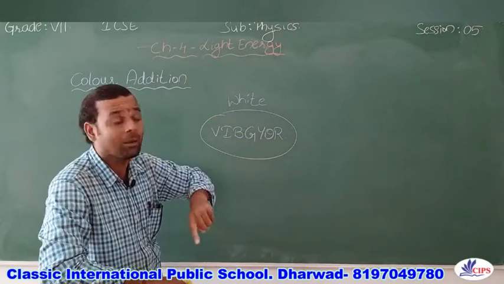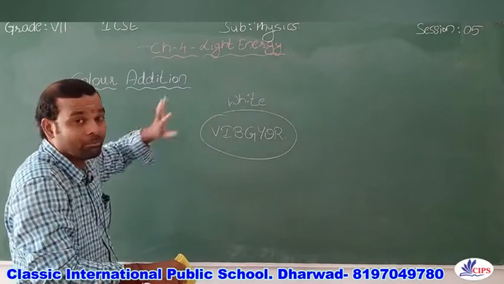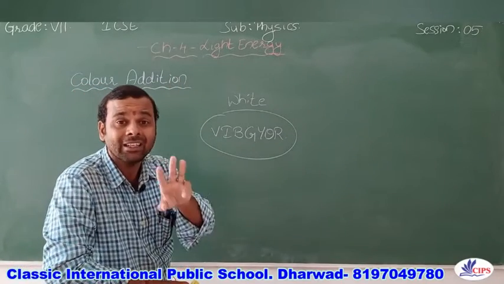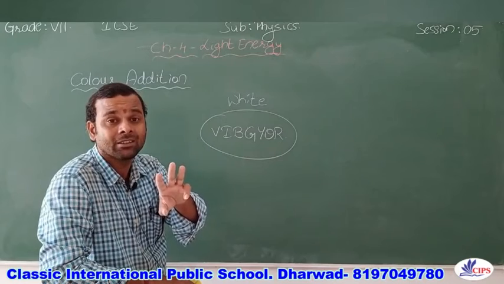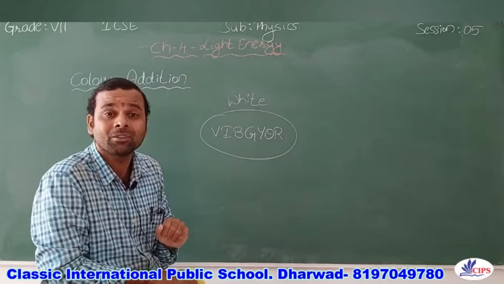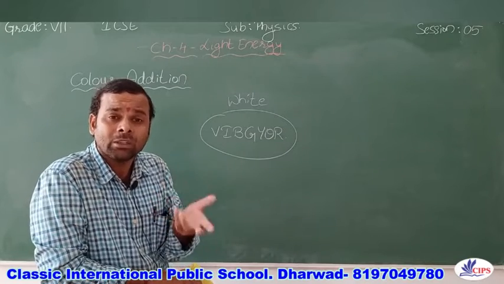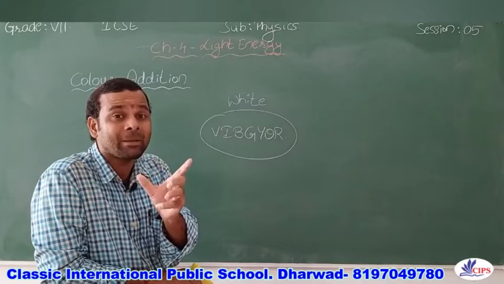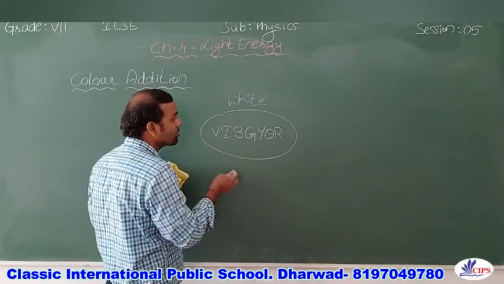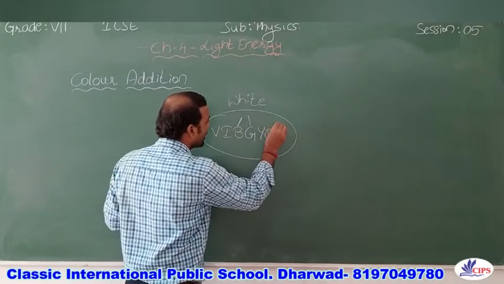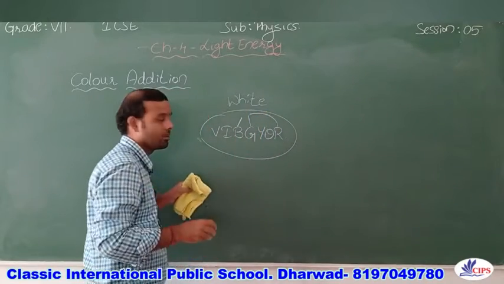Primary colors means any 3 colors combined together that produce the white light. Only 3 different colors, but they must be widely separated. So we choose one set as blue, green, and red.